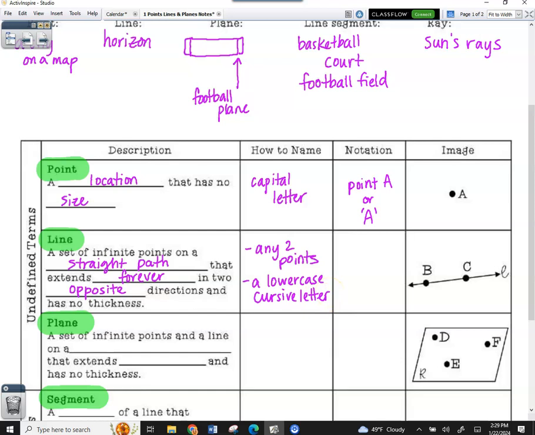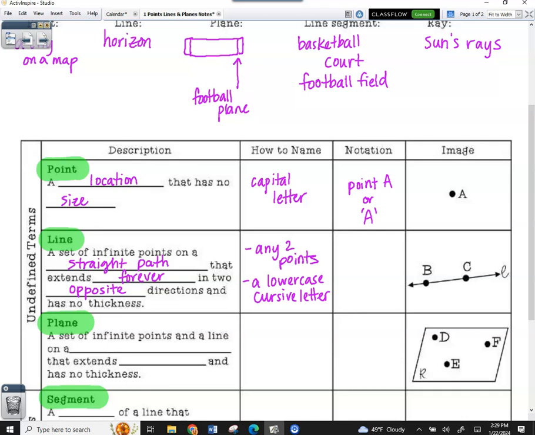The one you're going to see the most is any two points. The only time you see the lowercase cursive letter is when the picture we're looking at is really complicated, like there's a lot going on. Then you can use lowercase cursive letters to make it easier.